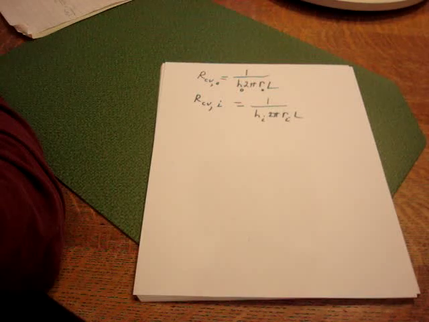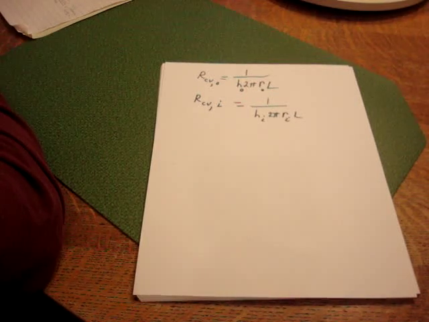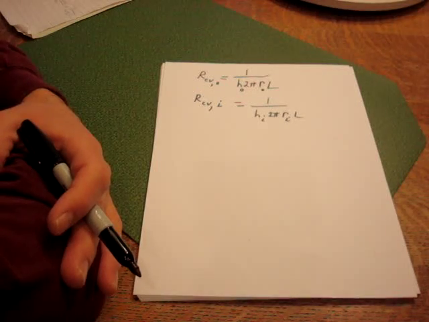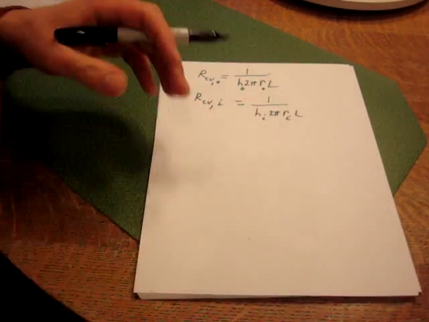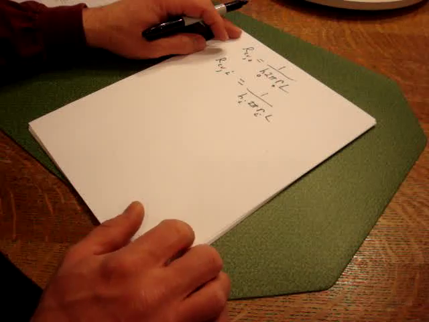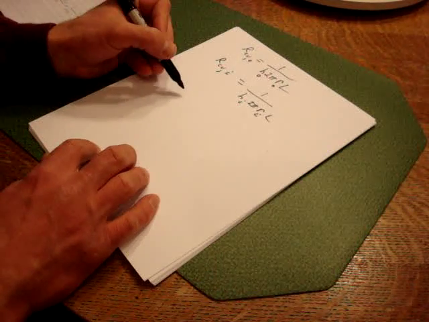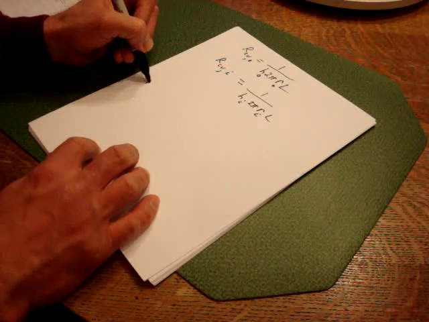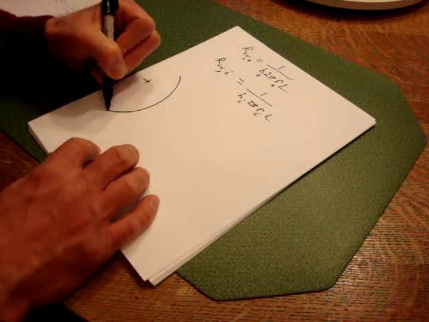So here again, with these types of problems, this thermal resistance concept, we're talking about one-dimensional and steady flow. Okay? So let's say we'll look at a geometry here. I'll just draw part of the pipe.